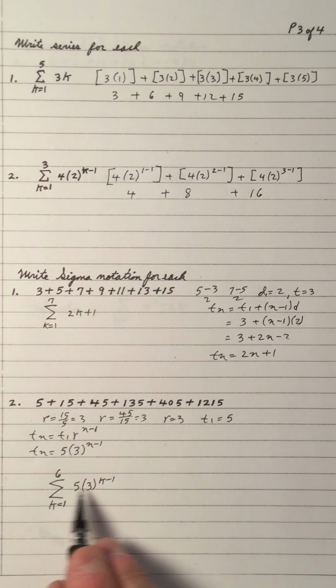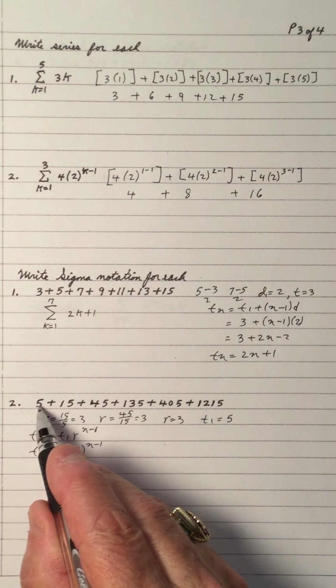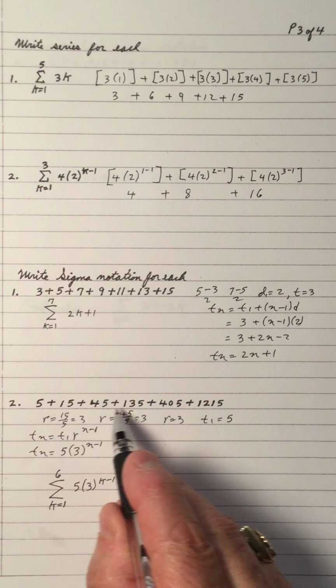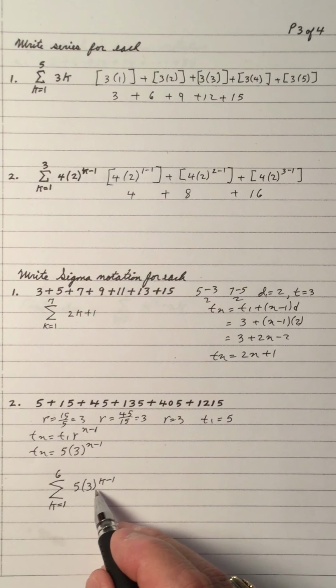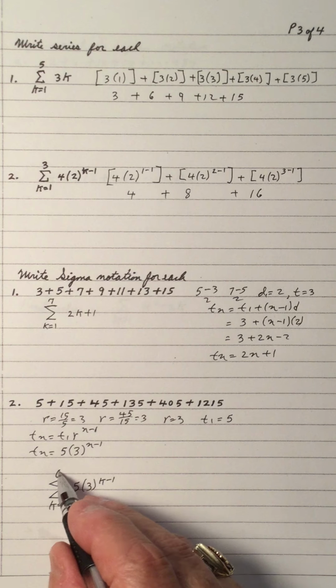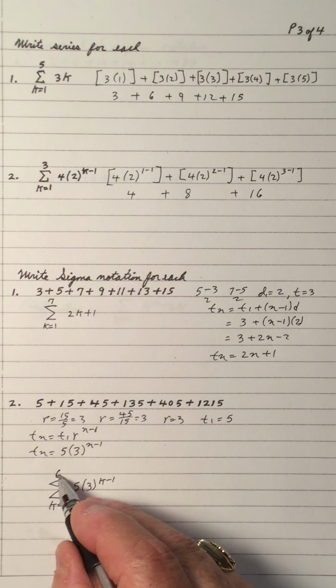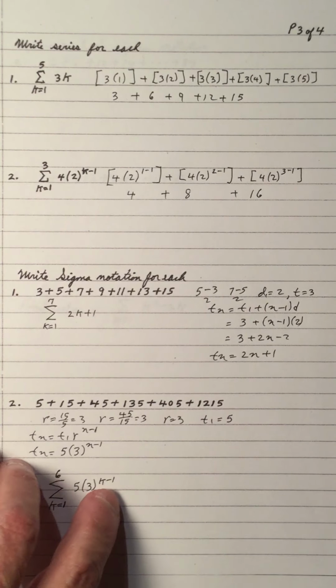So this is the sigma notation. This is the first term, second, third, fourth, fifth, sixth. So I worked out the expression that represents this geometric sequence, and then I started with 1, and I went to 6 at the end to say there's 6 terms.